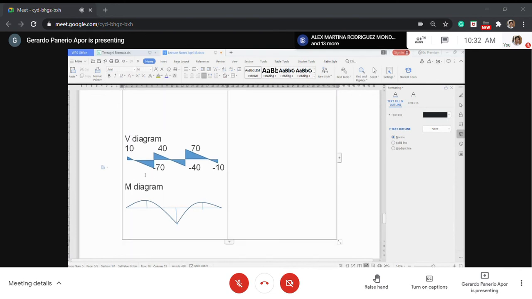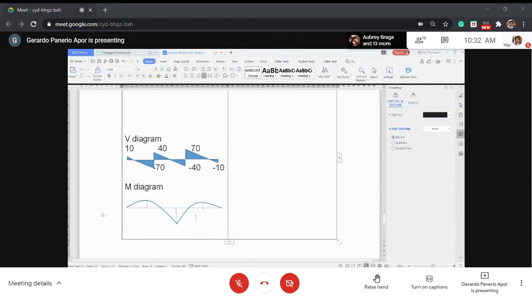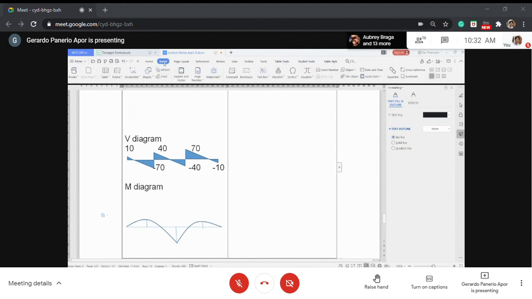And you have basically 1, 2, 3, 4, 5 zero shear points. So you'll have a moment diagram that looks like this.